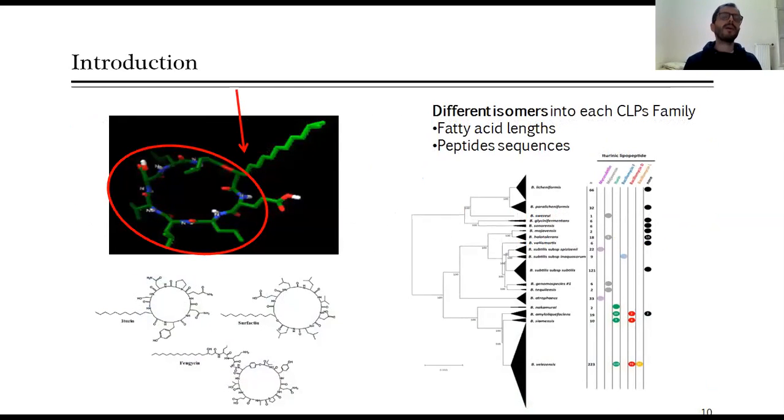These three families are characterized by a cyclic oligopeptide linked with a fatty acid chain, and inside each family it's possible to observe different isomers that differ from each other by the fatty acid length and the peptide sequence.